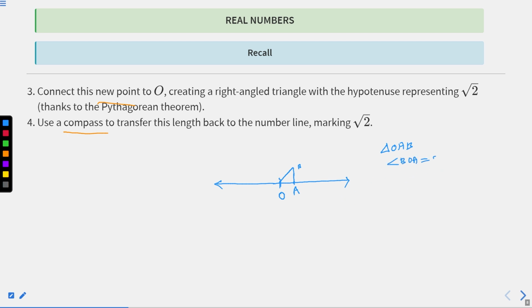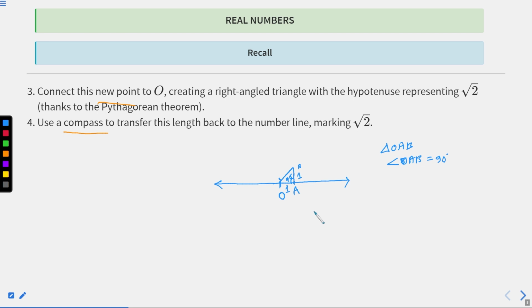Here the angle OAB is equal to 90 degrees. So this triangle is a right angle triangle, and the length of OA is 1 and the length of AB is also 1.